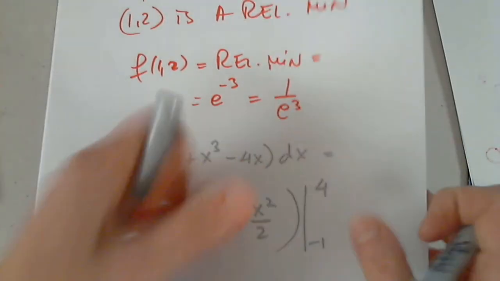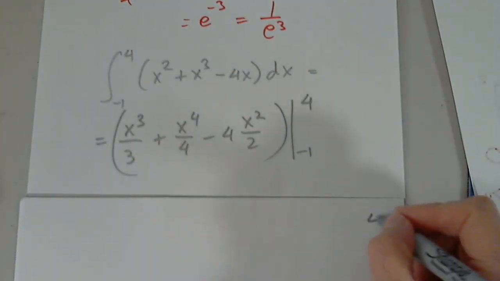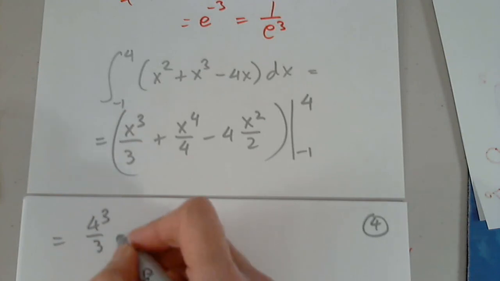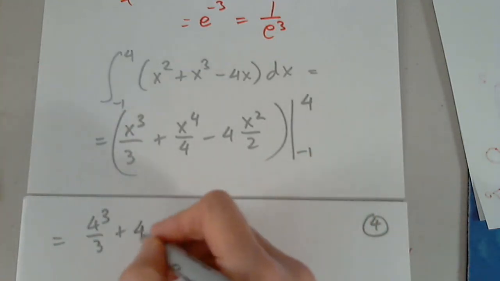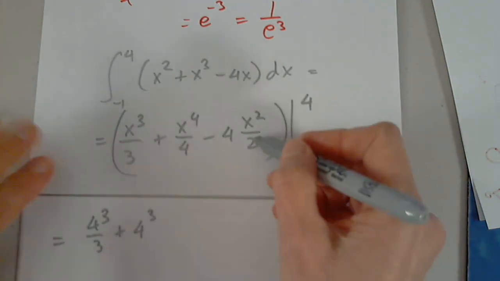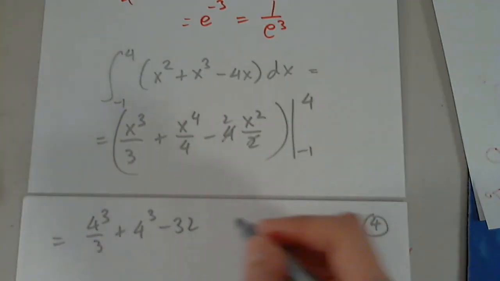So now we plug in the upper limit. So 4 to the 3rd divided by 3 plus 4 to the 4th divided by 4 will be 4 to the 3rd power. This is 2, so 16 times 2 is 32.